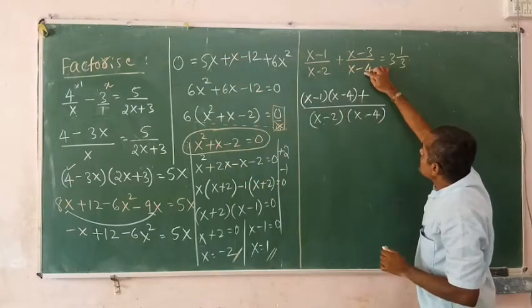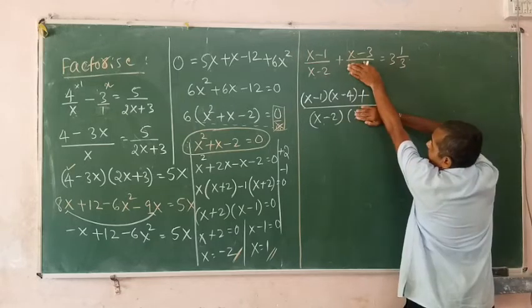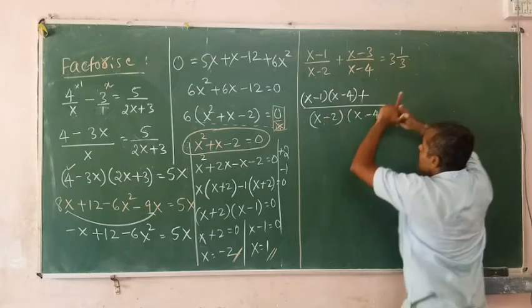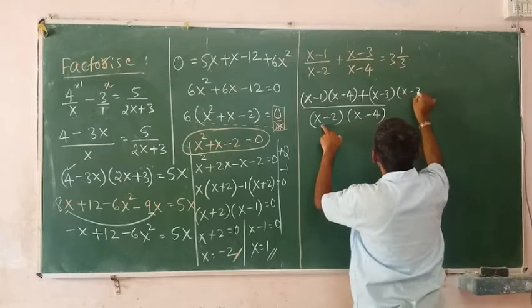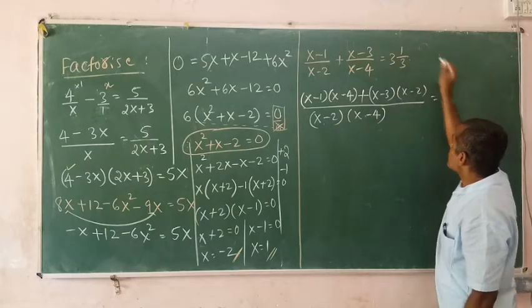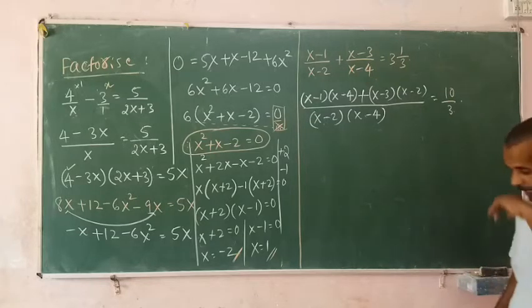See here, x minus 4, x minus 4. What is left over? If this is with this, multiply here, that is x minus 3 into x minus 2, is equal to 9 plus 1, 10 by 3.